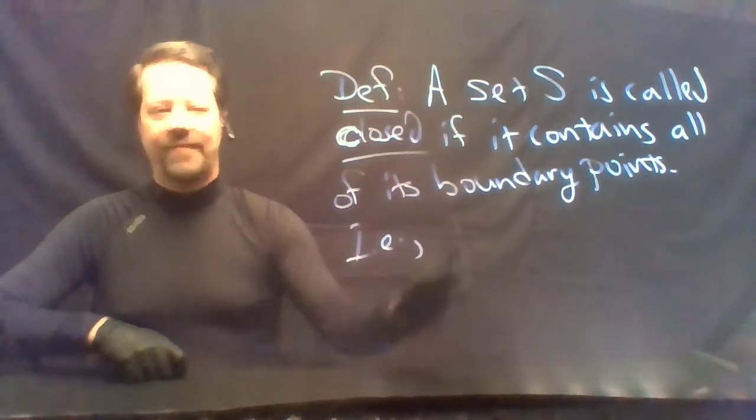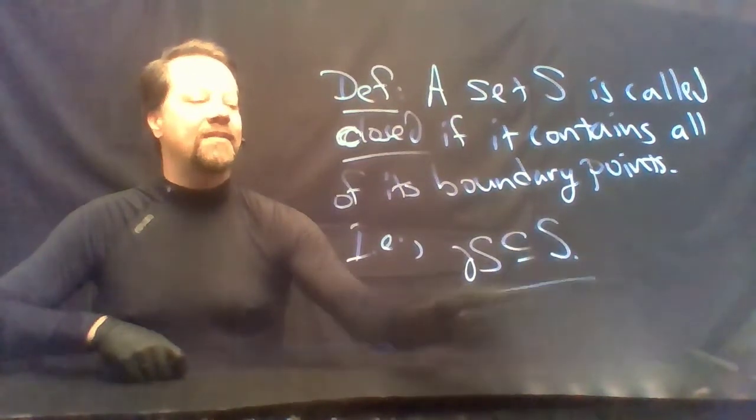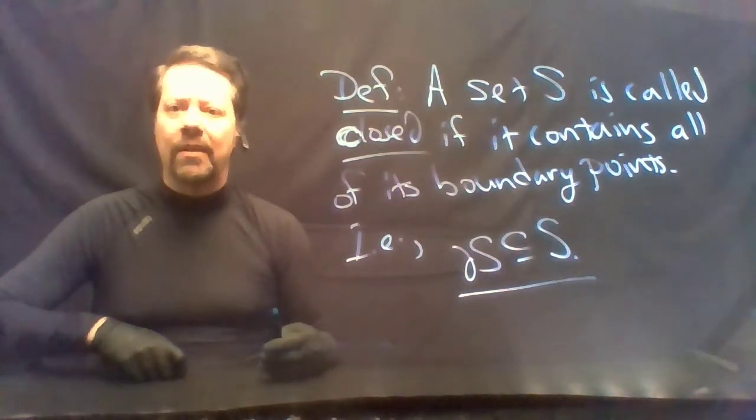Id est, that is, the boundary of S is contained within S. That's what it means to be closed. A set is open if it contains only interior points. A set is closed if it contains all of its boundary points.